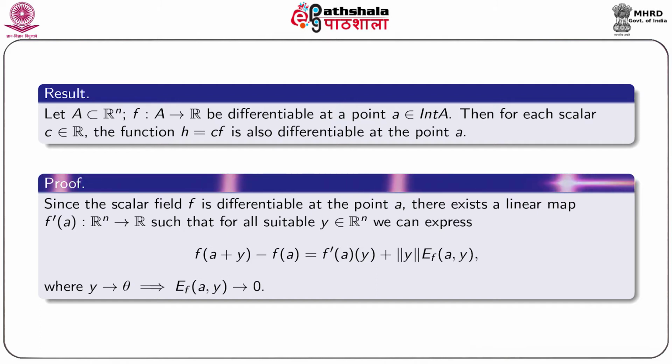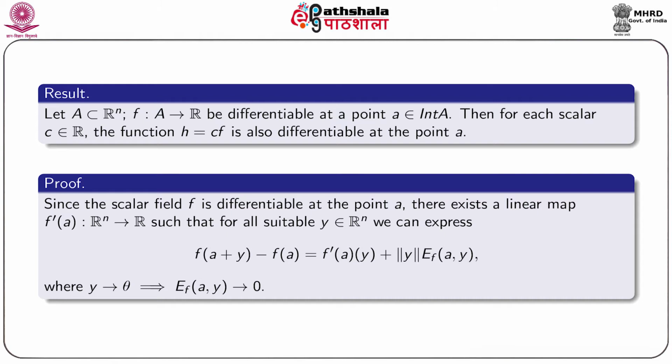We start the proof. Since the scalar field f is differentiable at the point a, by definition there exists a linear map f'(a) from R^n to R such that for all suitable y in R^n, we can express the increment of f as f(a+y) - f(a) equals f'(a) operated on y plus norm y e_f(a,y), where y tends to theta implies e_f(a,y) tends to 0.